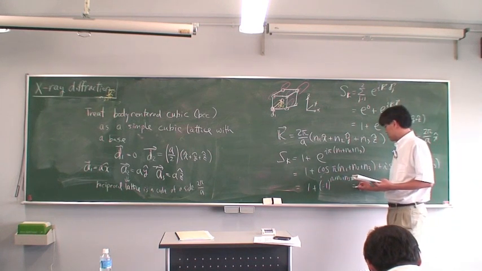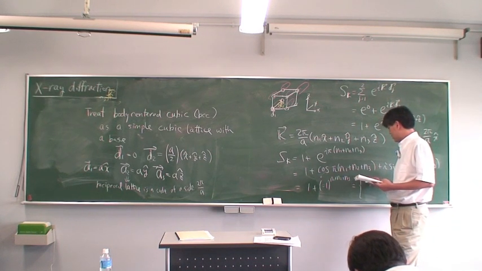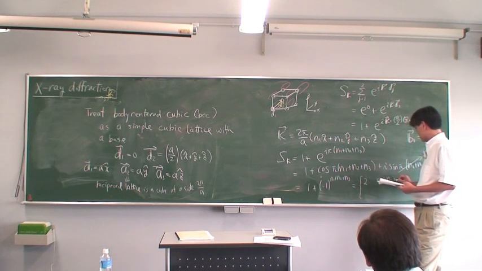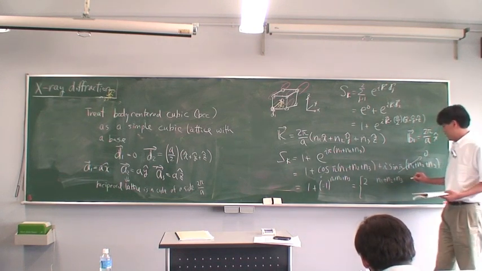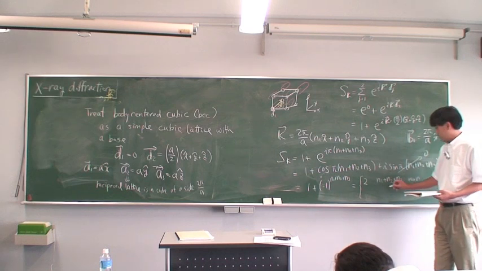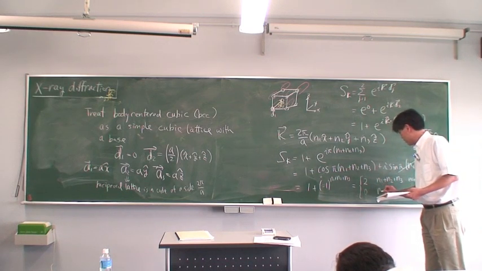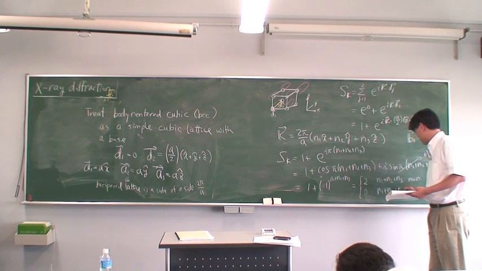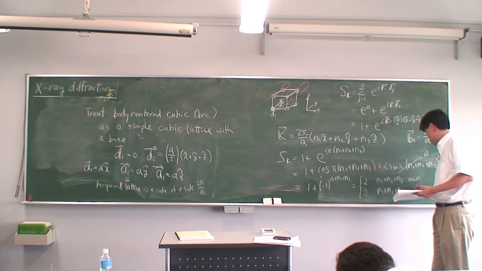So this becomes 2 when N1 plus N2 plus N3 is even, and 0 when N1 plus N2 plus N3 is odd.